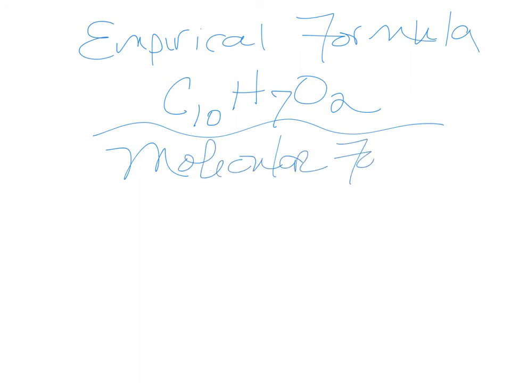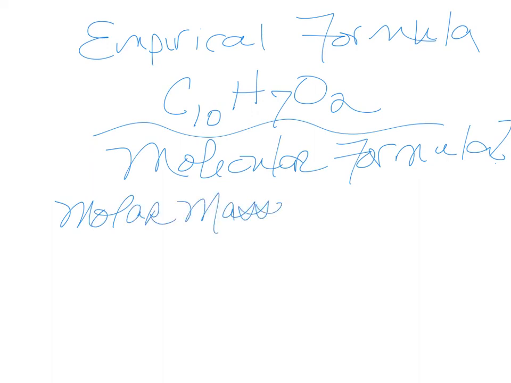You need to be given a little bit more information, and the information you would be given is the molar mass of the molecular formula, the molar mass of the compound itself. And so I'm just going to wing this. I'm going to say the molar mass is 318.31 grams per mole.